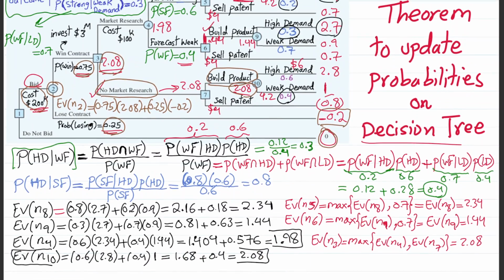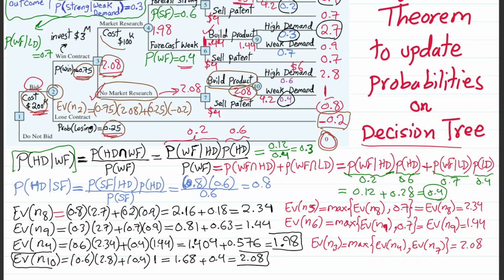And if somebody comes back and says, hey, can we negotiate with the market research company and reduce the cost? What is the right cost? We would say it doesn't make sense, because right now the delta between 2.08, the payoff without market research, and 1.98, the payoff with market research, is actually the delta of $100,000. So they actually should do market research at no cost, because already cost is 100K.